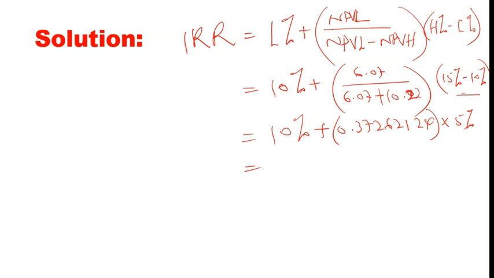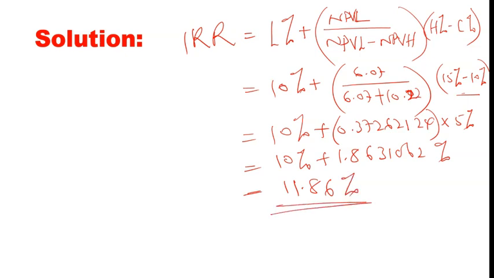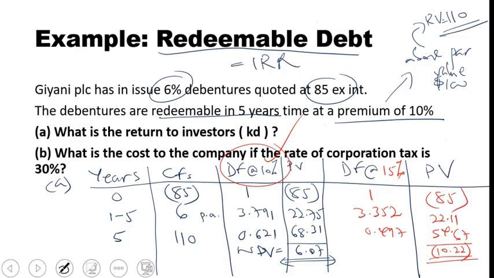So you get 1.8631062%, and this means 10% plus 1.8631062%, which comes to 11.86% to 2 decimal places. That is it. This is the answer to the first part.